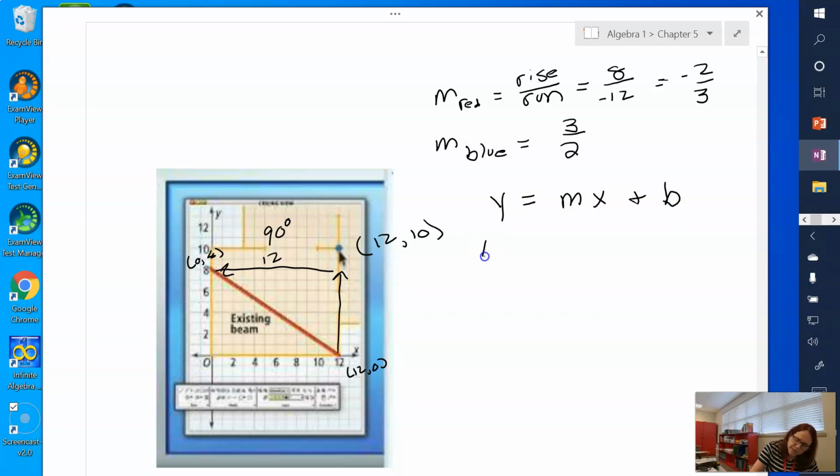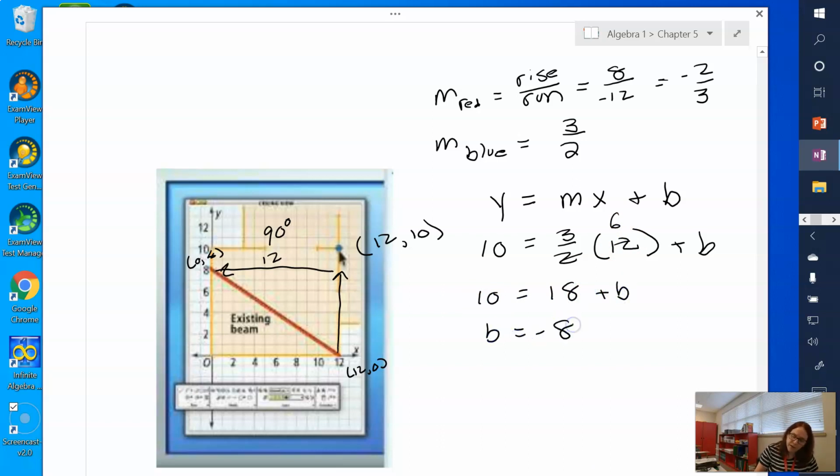I'm going to plug in 10 equals 3/2 times 12 plus b. Now this 2 and the 12, they cancel, and I have 18. So 10 equals 18 plus b. Subtract 18 from both sides. b equals negative 8. So then the equation for the new beam is going to be y equals 3/2 x minus 8.